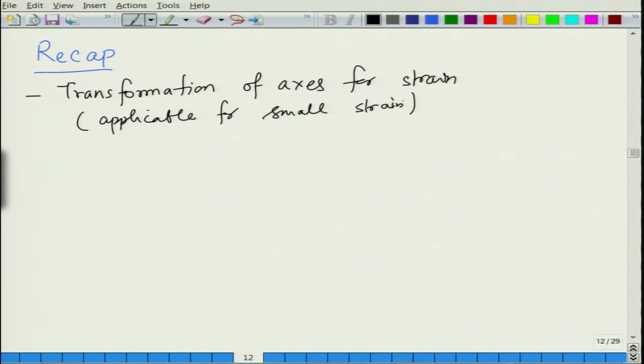very small strains, and the relation was you can calculate epsilon ij is equal to l i m, l j n into epsilon of mn. So, you can include summation over m and n, and m and n will vary from 1 to 3.